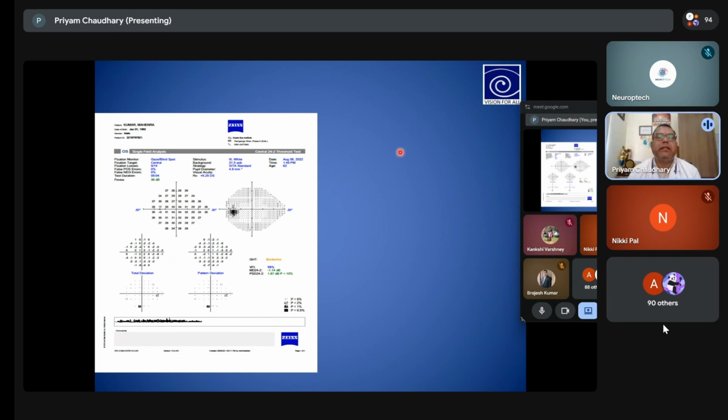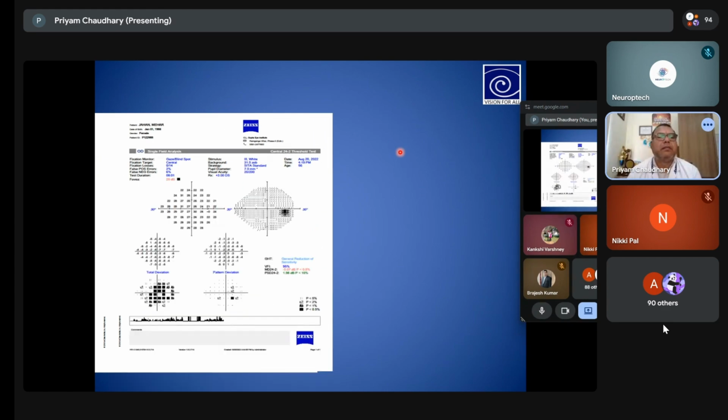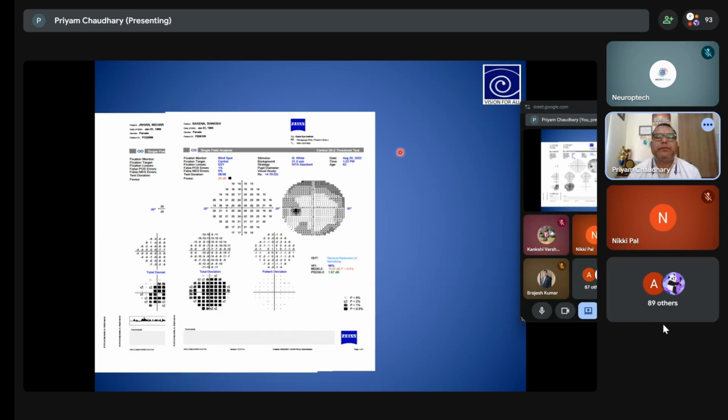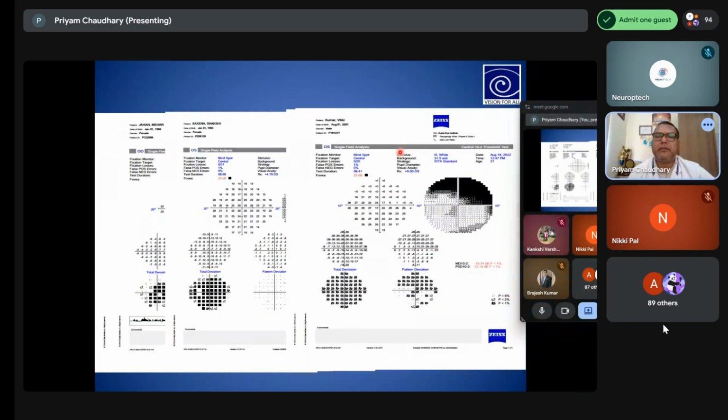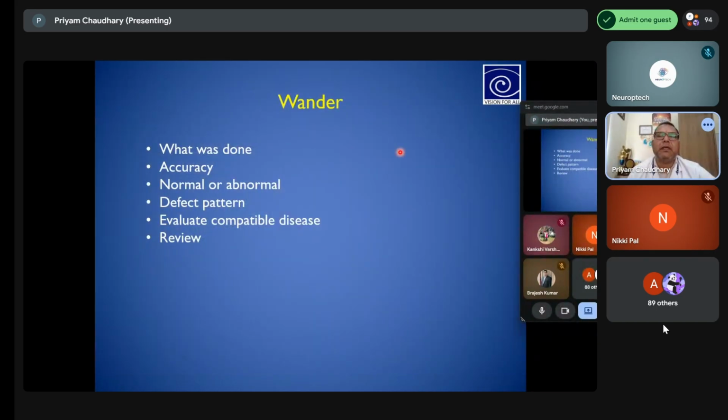Again, this is 24-2, the other eye 24-2, and the 10-2. The mnemonic: W means what was done, A means accuracy, normal, abnormal, defect pattern, elevate, compatible disease, and review.